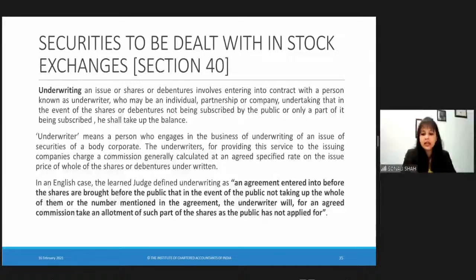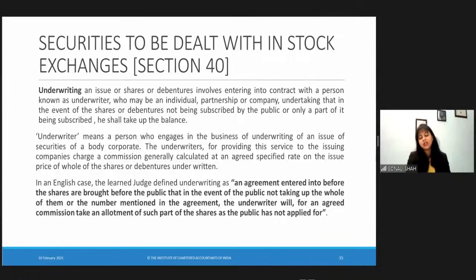Now, who is an underwriter? These are financial institutions or individuals or a partnership firm or a company who give a guarantee that if the shares are not subscribed for by the public, they will subscribe those shares, and in return, they get commission for the same.